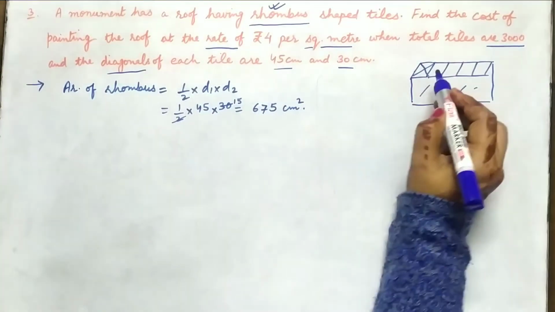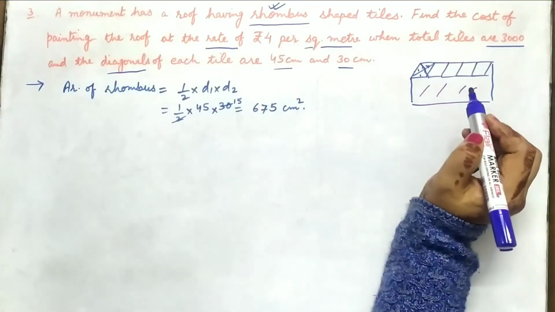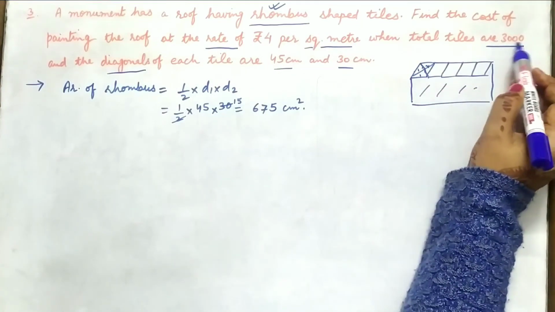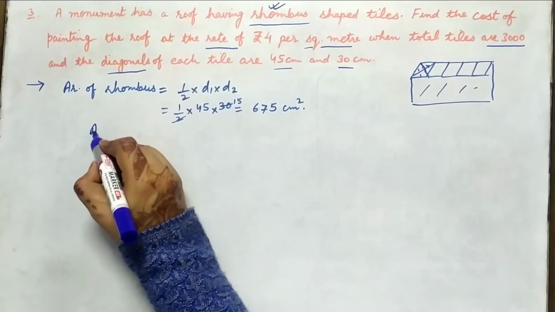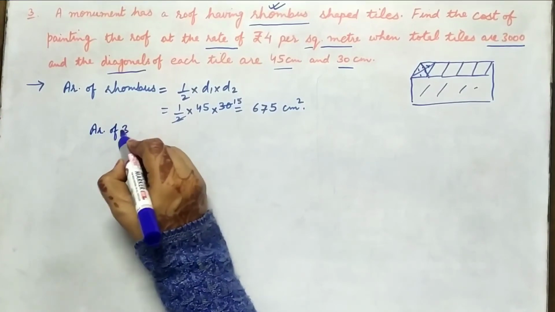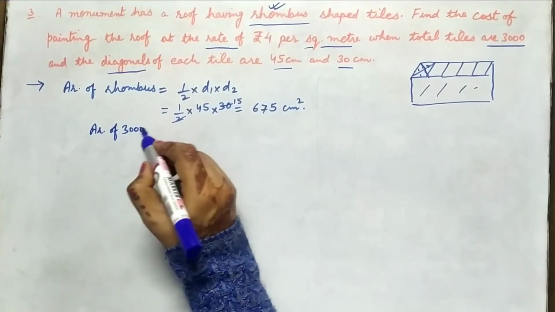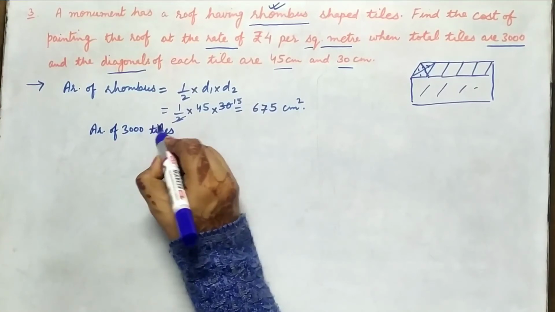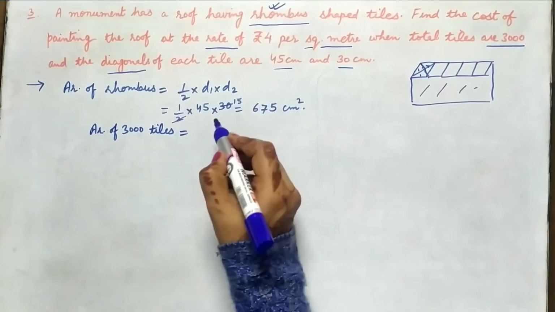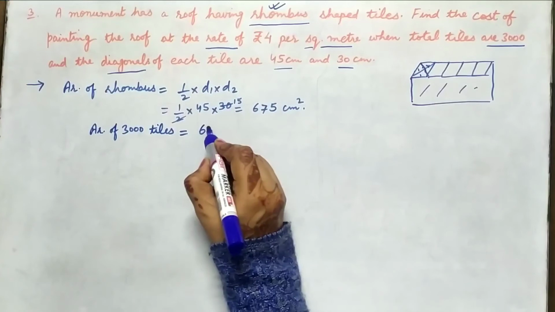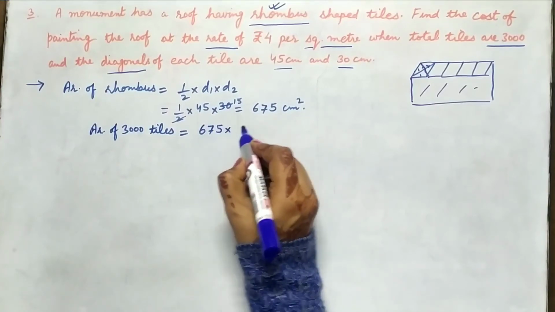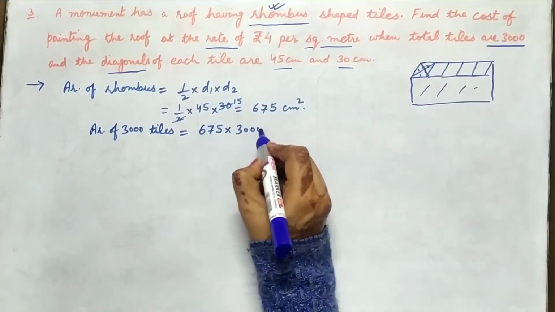This is the area of one tile. Then we find area of 3000. Total tiles given are 3000 tiles. Area of total roof will be area of one tile multiplied by number of tiles.